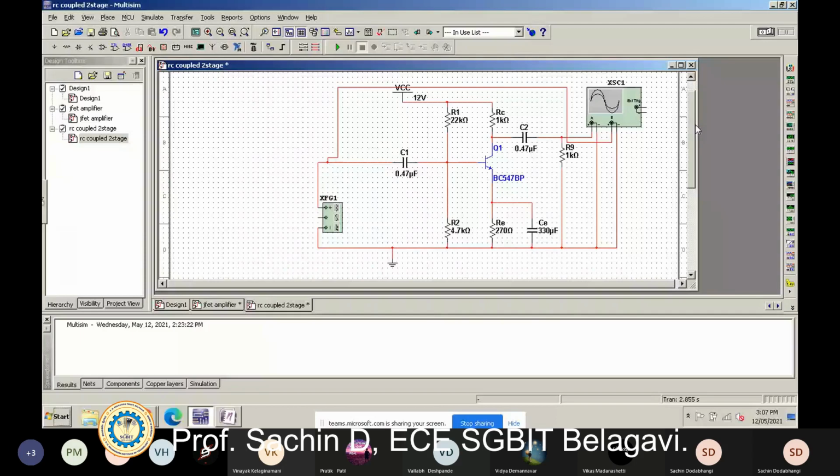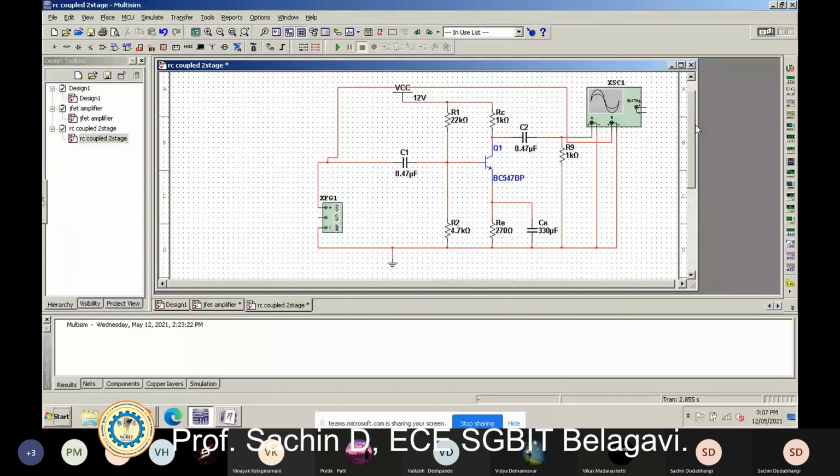If I include RE and the bypass capacitor, voltage gain is increased, that is, there is no negative feedback. If I remove the bypass capacitor, there is a negative feedback.